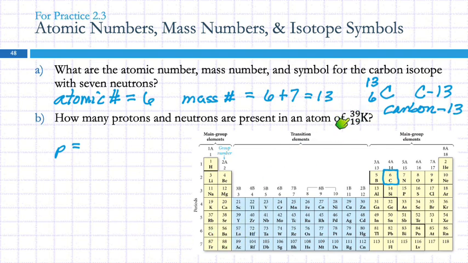You can look at this. The 19 tells us it's 19 protons. Or we can find this on the periodic table where it is the big number on top. So 19 protons. How many neutrons? 39 minus 19 is 20.